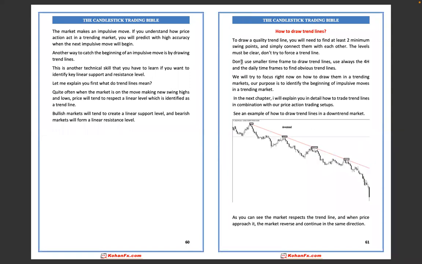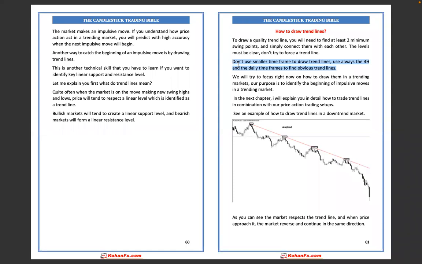Now let's look at this. The most important thing to pick from here: don't use a smaller time frame to draw trend lines. Always use the 4-hour and the daily time frames to find obvious trend lines. This goes to day traders, pay attention to this. Don't do this on a lower time frame.